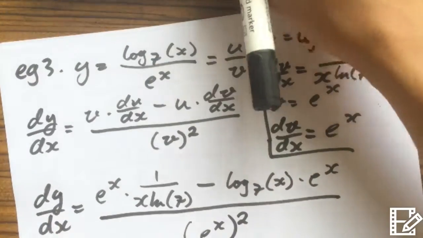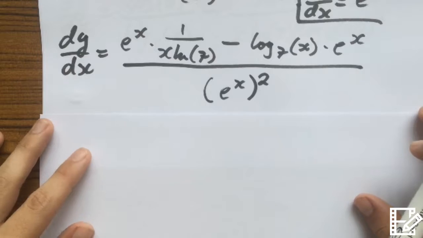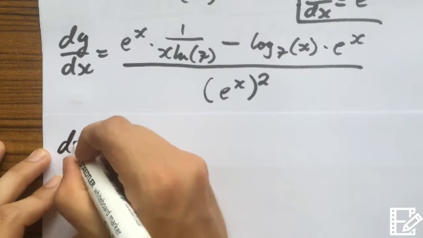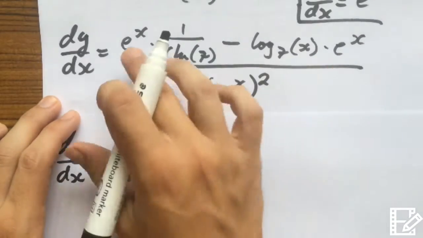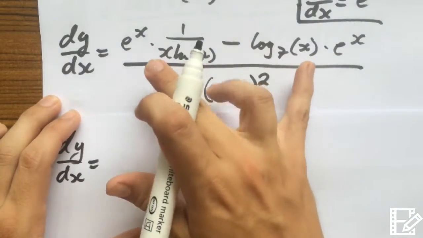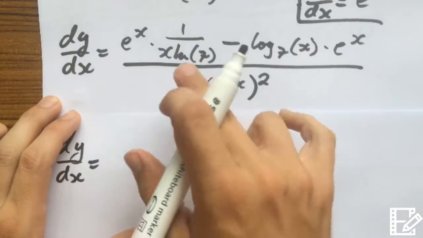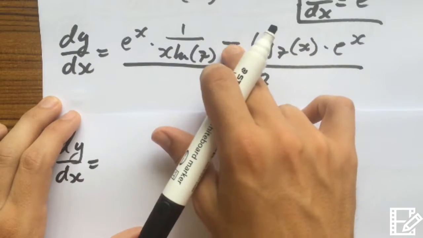Okay. Simplifying it. If I factor out the e to the x, I can essentially factor it out to the front because it's multiplied on both sides of the minus sign.